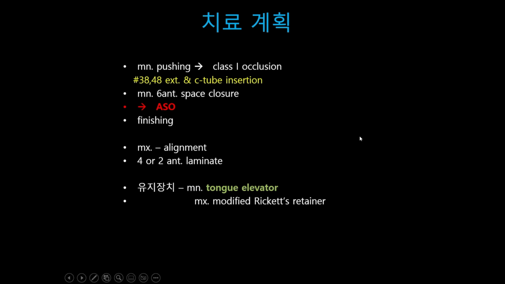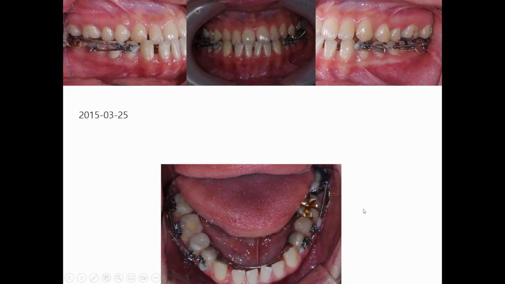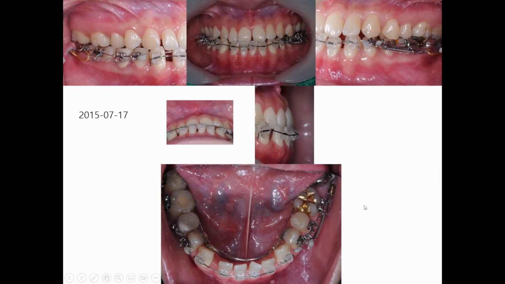Simple, but it works. Look at mandible device at here, and lingual arch, and start to move posterior back. This is her recording. And then anterior leveling a little bit.